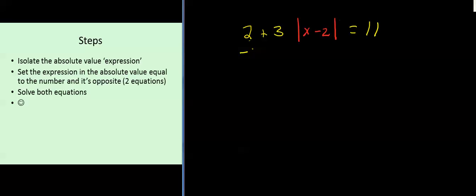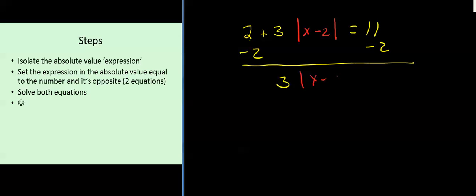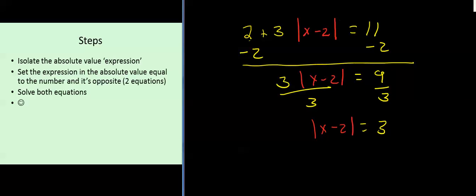So like we've done all year, we start by subtracting 2, and we get 3, and again, I'm going to do it all in red, the absolute value of x minus 2 is equal to 11 minus 2, which is 9. I'm going to divide by 3, and I get the absolute value of x minus 2 is equal to 3.